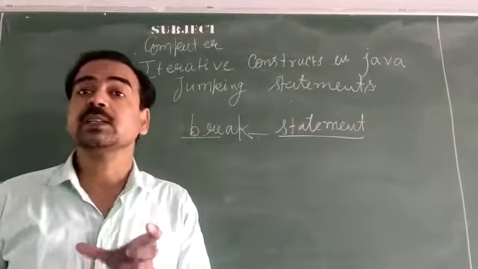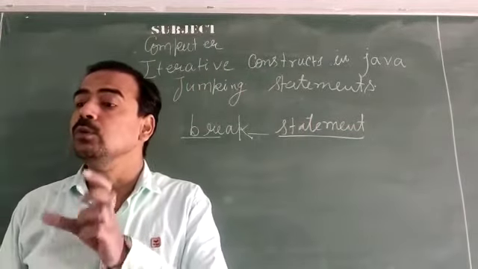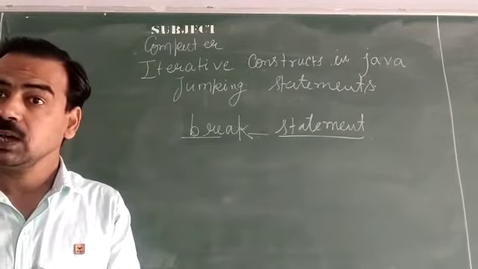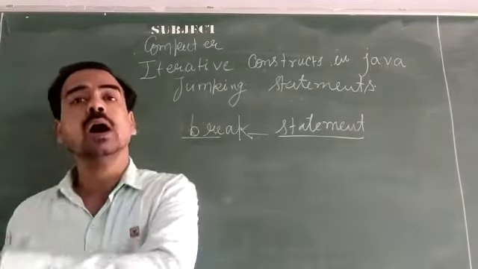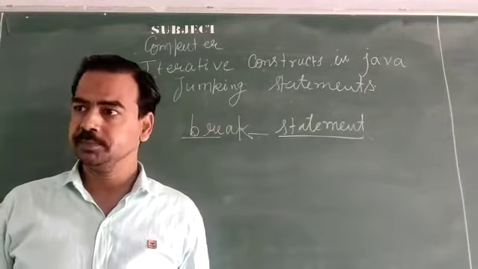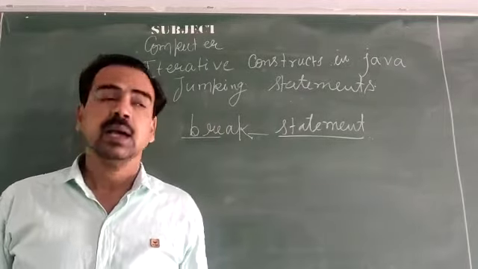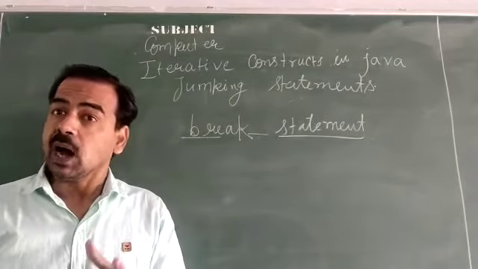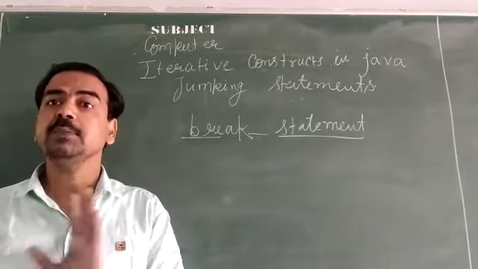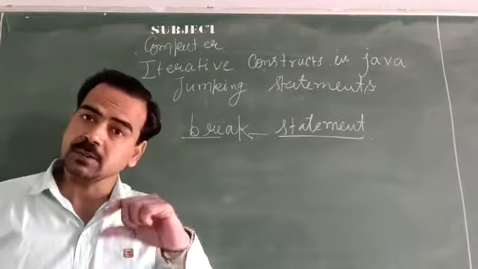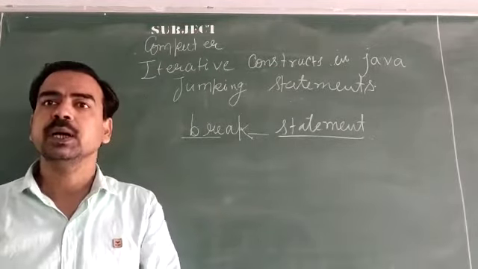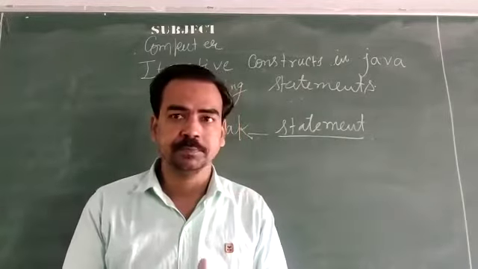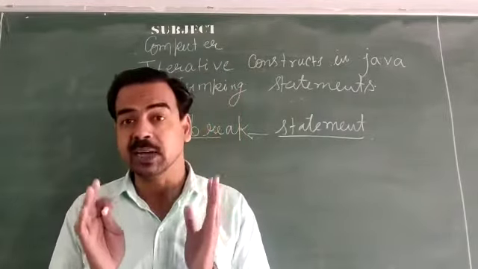It terminates the execution of the loop body only, and transfers the control out of the loop. Is that clear? If there is something after the loop, then that will be executed. But whatever is inside the loop will not be executed when the break statement occurs.